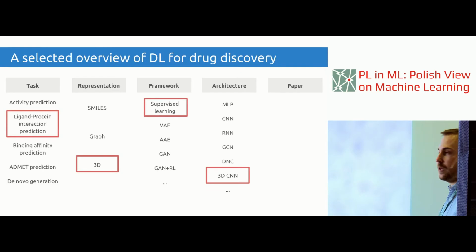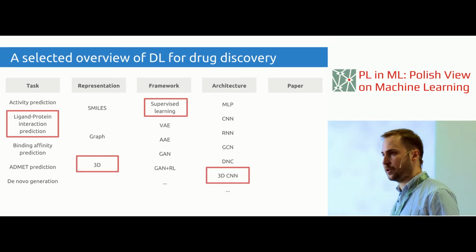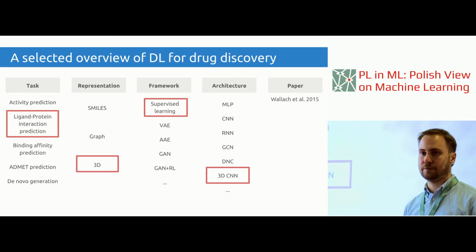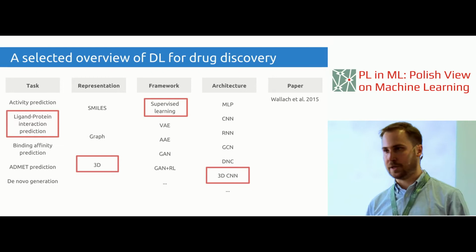And for example, if you take such a combination, so the task is ligand-protein interaction, 3D representation, supervised learning, and three-dimensional convolutional neural networks, this is actually a paper by Wallach et al. from 2015.